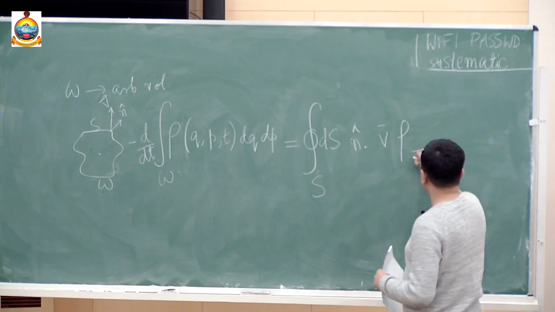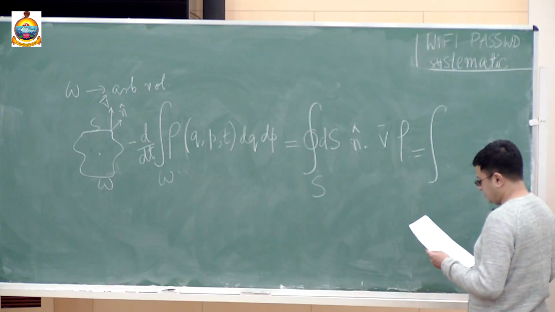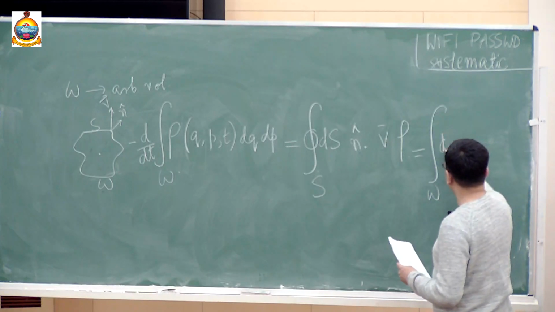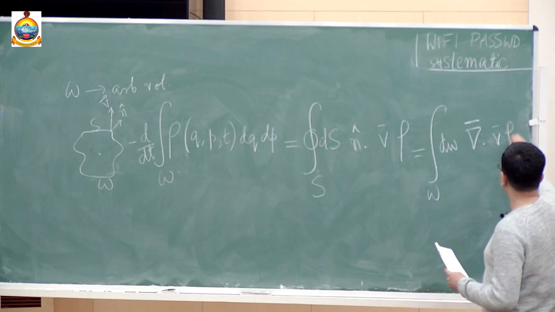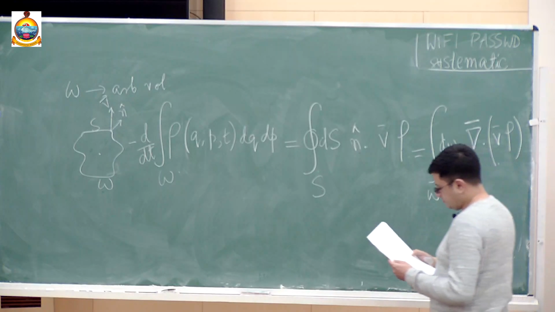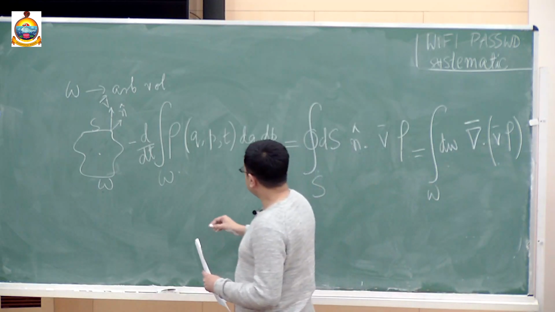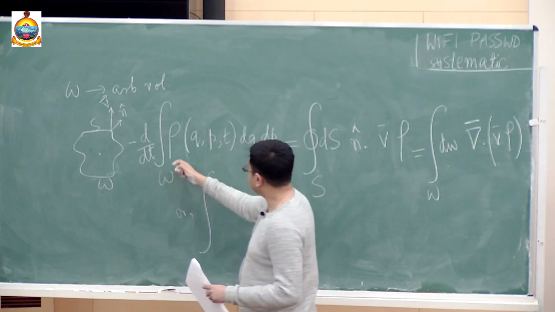Now you use just the divergence theorem to make this right hand side into a volume integral, and that will be d omega, divergence of v rho. Or what I can do is combine these two terms.